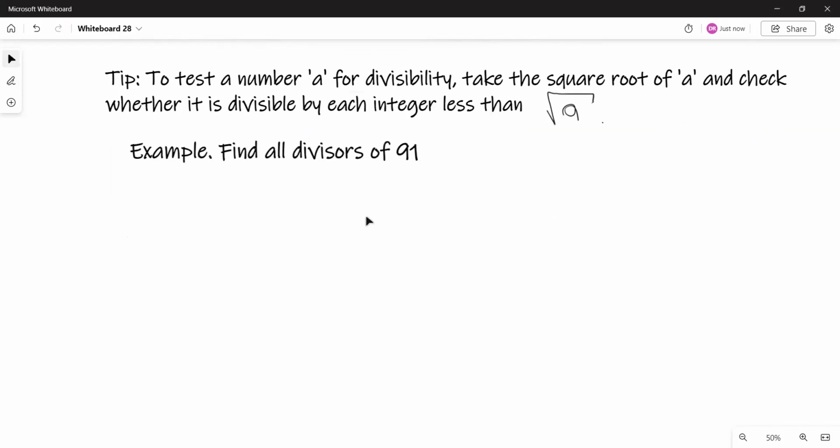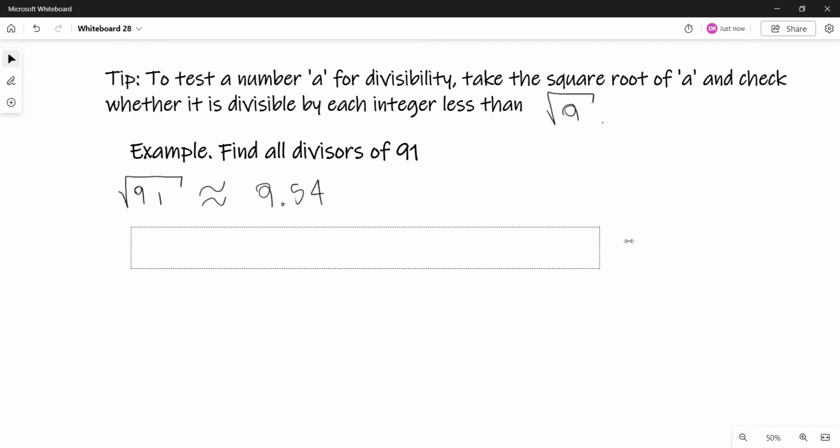Okay, so rather than using the divisibility test one by one, we can take the square root of 91, which is approximately 9.54. And we are going to test the number for divisibility by every integer between 2 and 9.